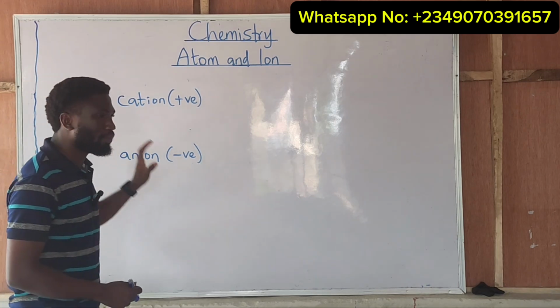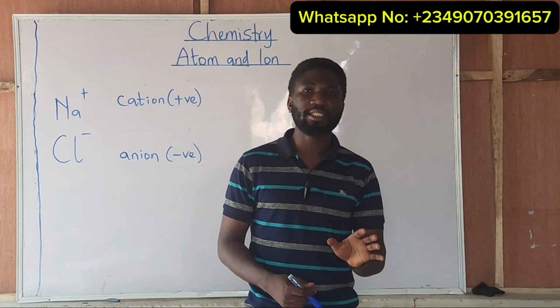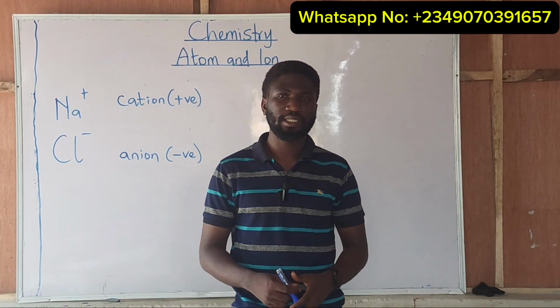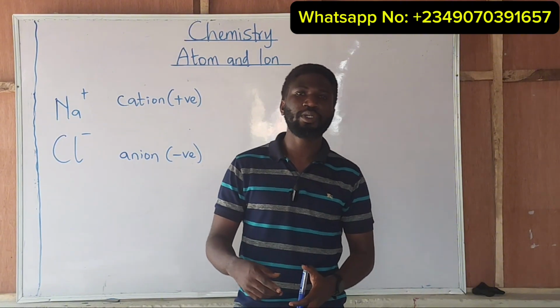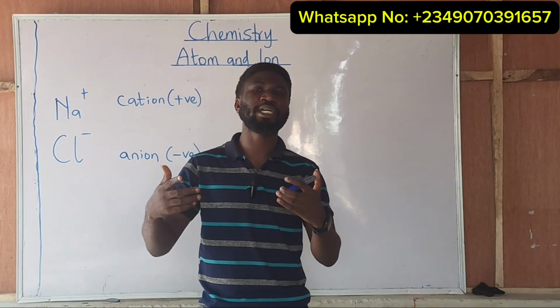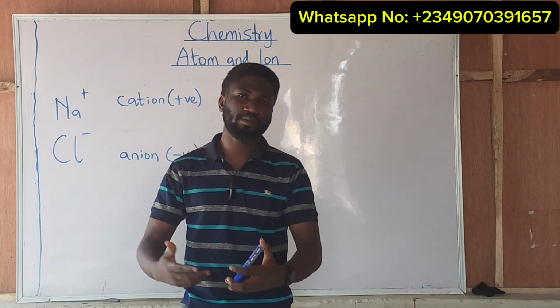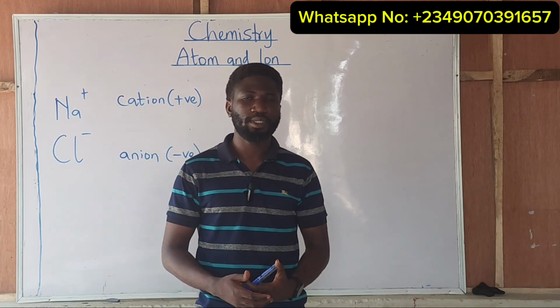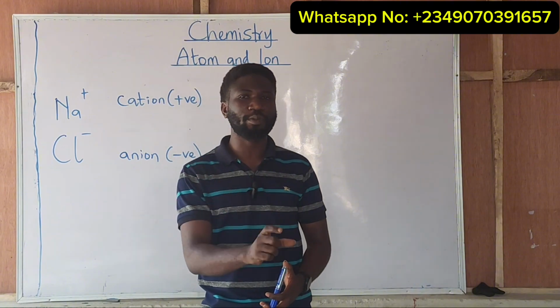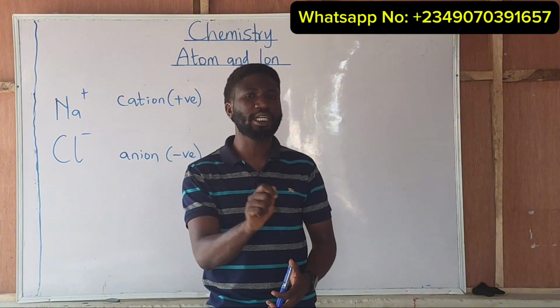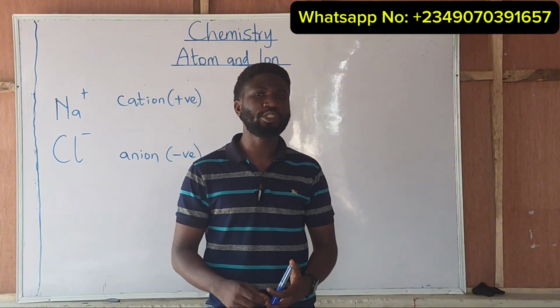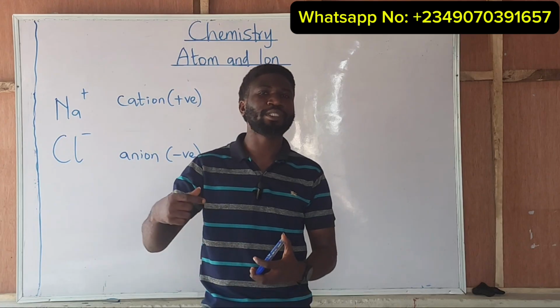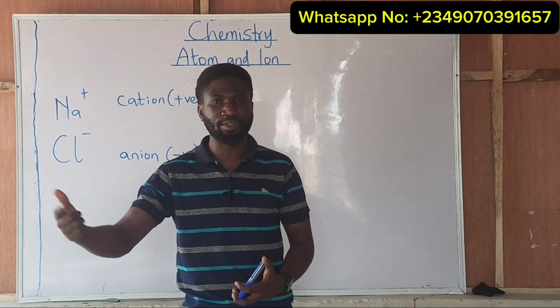When an atom is positively charged, that shows that the atom has already lost an electron or electrons. Again, when you have an atom possessing a positive charge, that shows that the atom has already lost an electron or electrons.